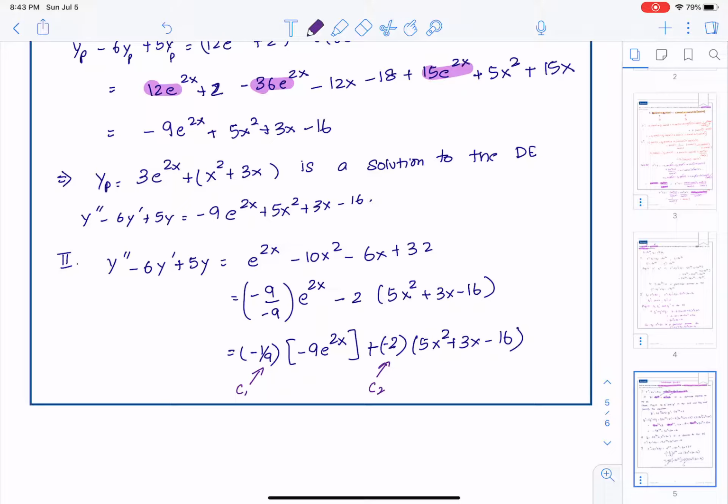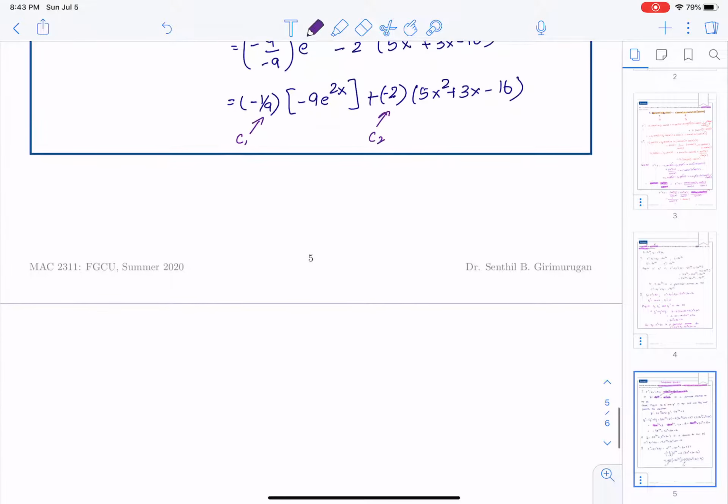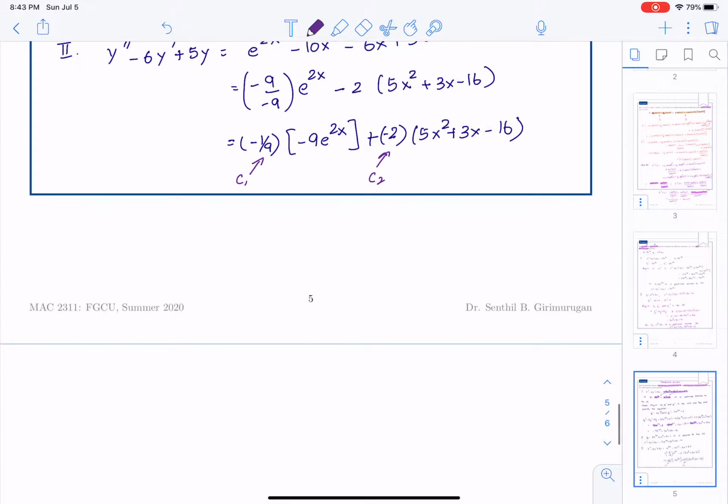So my thought now is that the right-hand side is a linear combination of negative 1/9 of that term, negative 2 of that term. We know the equation with negative 9 e raised to x has a solution 3 e raised to x from the previous problem.